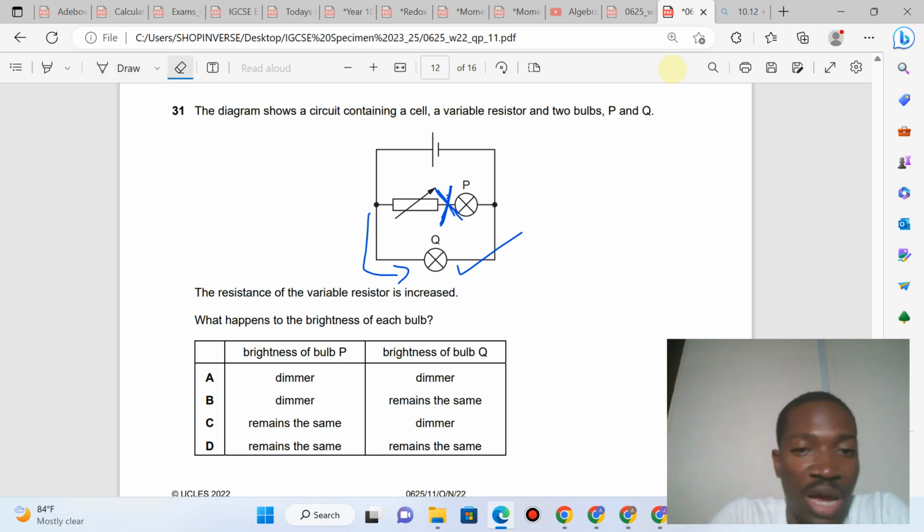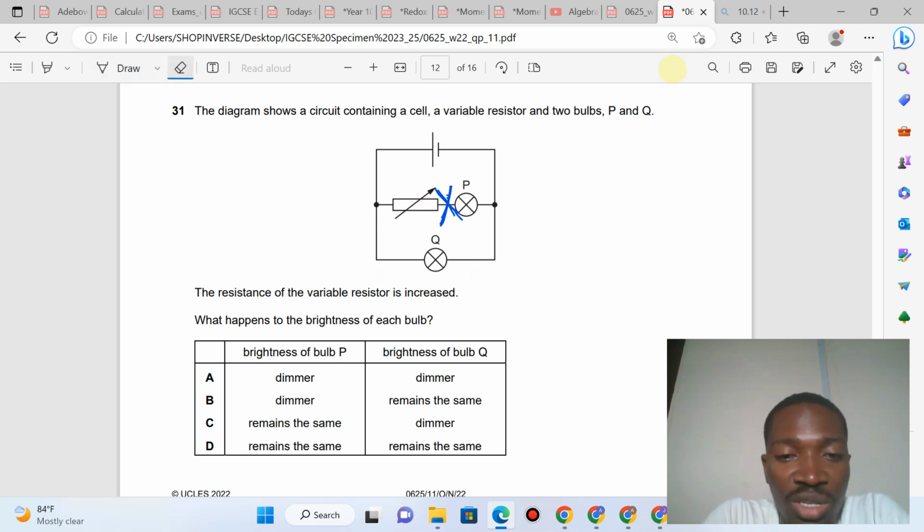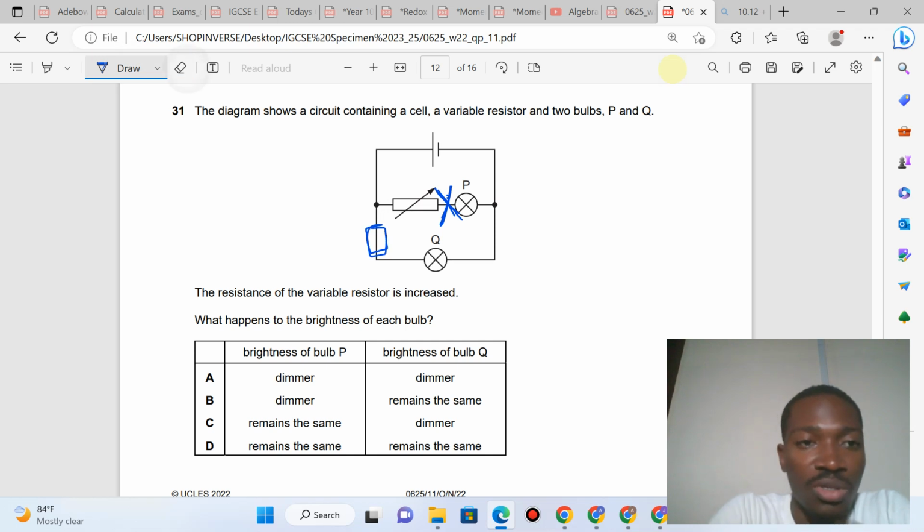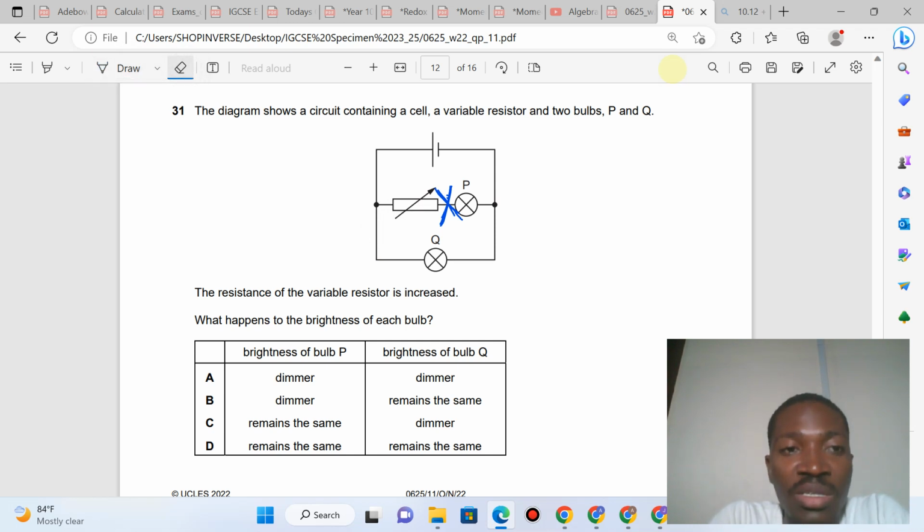Why? Because you are not increasing or reducing the current flowing through Q. Take note that there's no resistor here trying to limit the current flowing through Q, so the current flowing through Q remains the same. That is what happens when bulbs are connected in parallel.